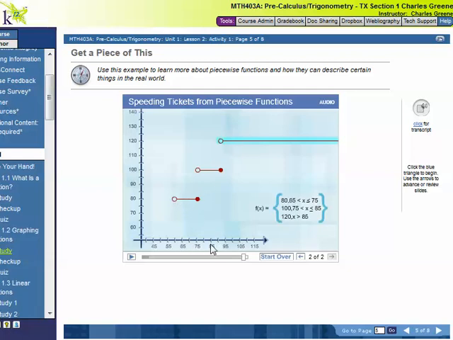Okay? If I were going between 75 miles per hour and 90 miles an hour, it looks like, yeah, possibly, I would be paying $100. If I were going over 90 miles an hour, my ticket price is going to be $120. That's the way piecewise functions work, and you're going to run into examples of that in the world.